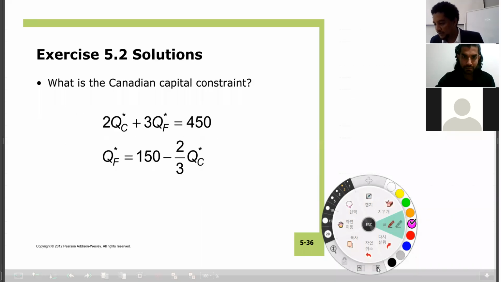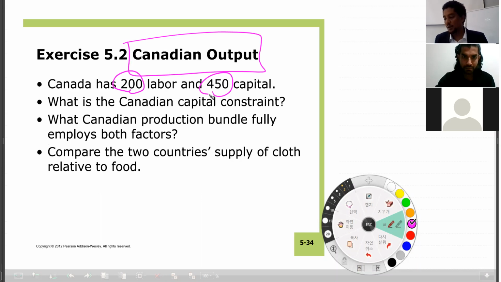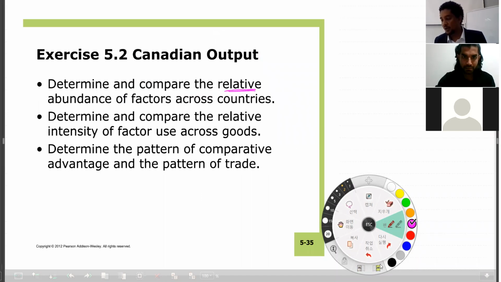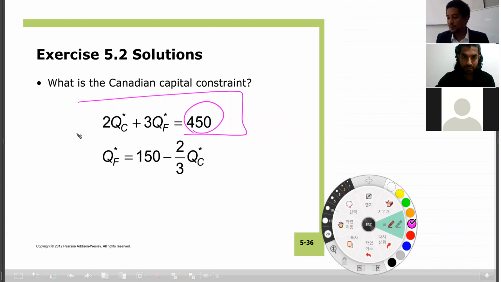The units required to produce food and clothes are the same as the previous one, but now you have new capital and labor amounts, capital 400 and labor 200. So compute this.